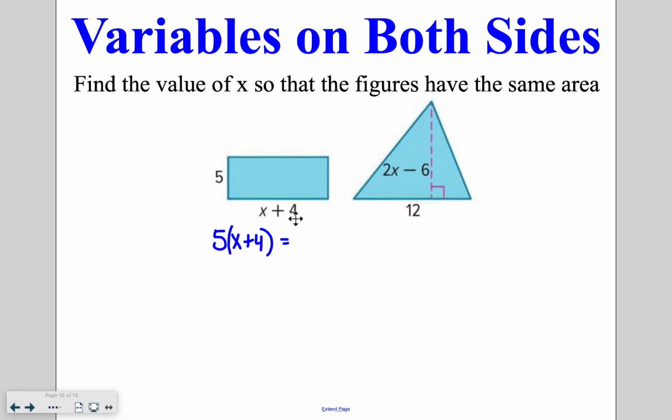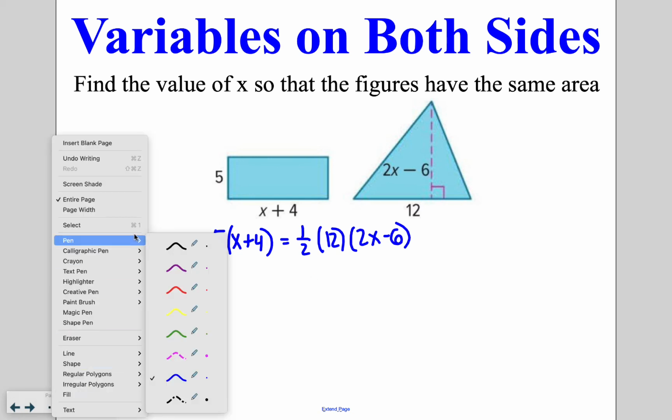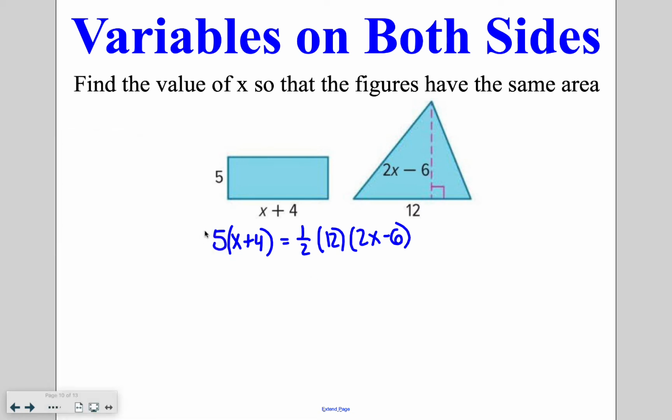The area of a triangle is 1/2 of the base, which in this case is 12, times the height, which is 2x minus 6. My next job is to simplify. So I'm going to go ahead and on the left side use my distributive property. So 5 times x is 5x plus 5 times 4 is 20.